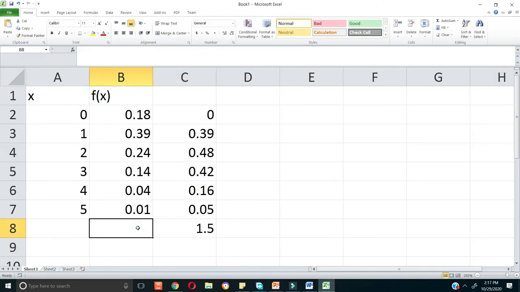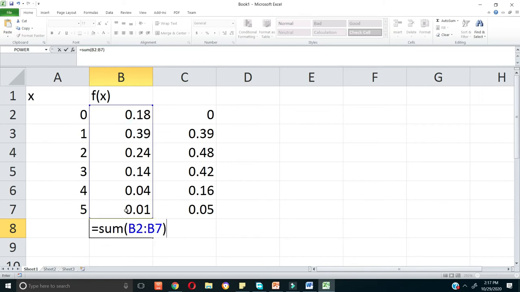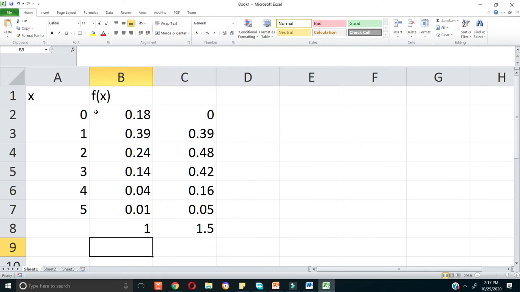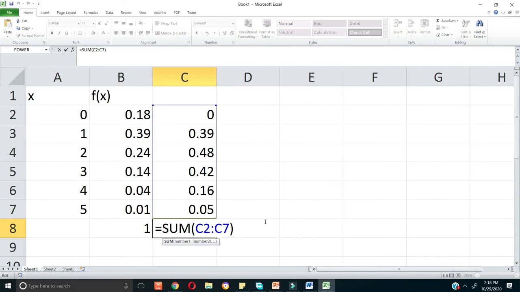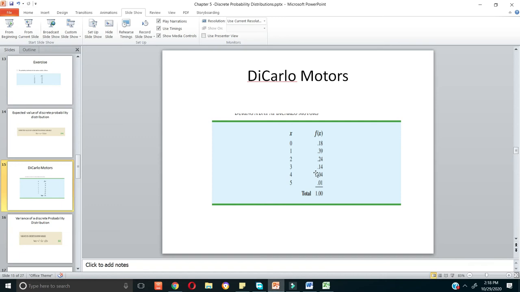Notice this is different from the probability of the entire distribution, which is going to be equal to 1. But this is the expected value, and if you are paying attention, this is very similar to how we compute grouped means, grouped averages.